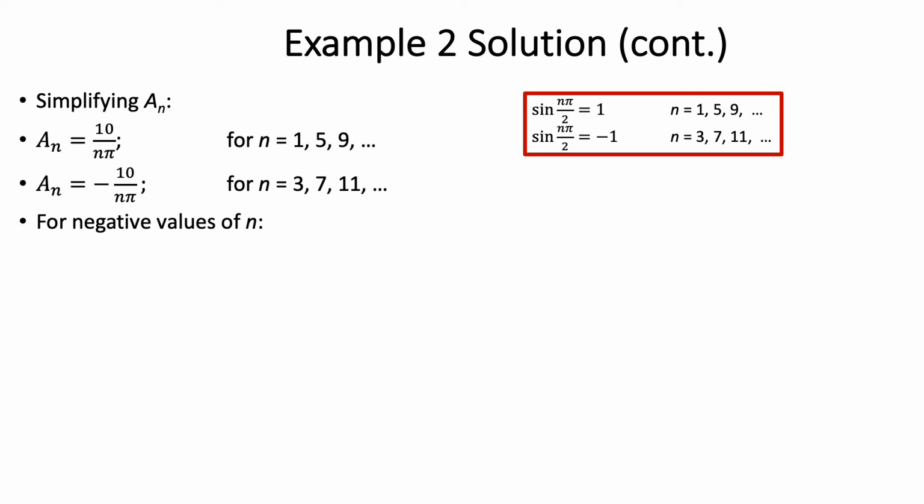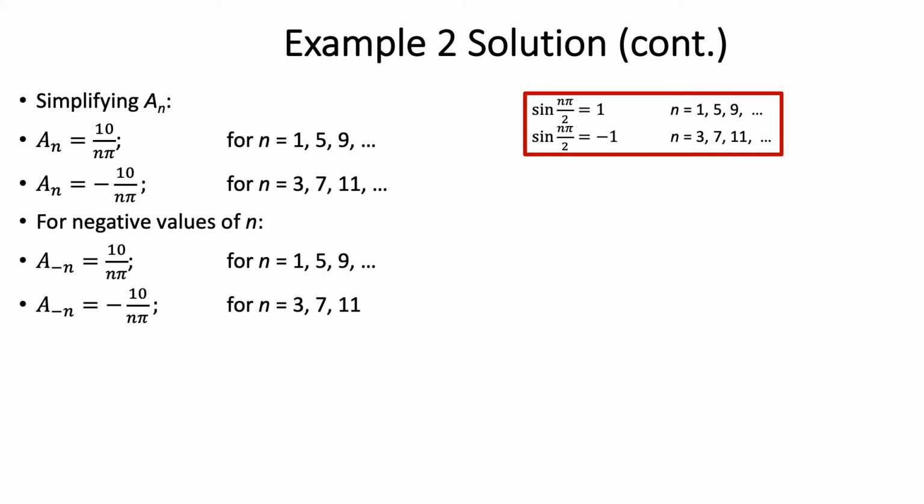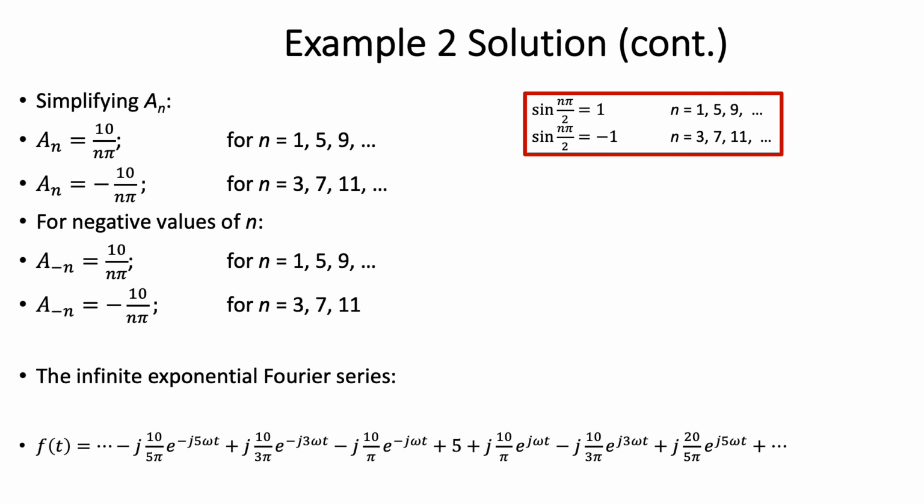For negative values of n, we have a_-n equal 10 over n pi and a_-n equal minus 10 over n pi respectively, for n equal to 1, 5, 9 for the first one and n equal to 3, 7, 11 for the second one. The infinite exponential Fourier series is given as in the equation below.